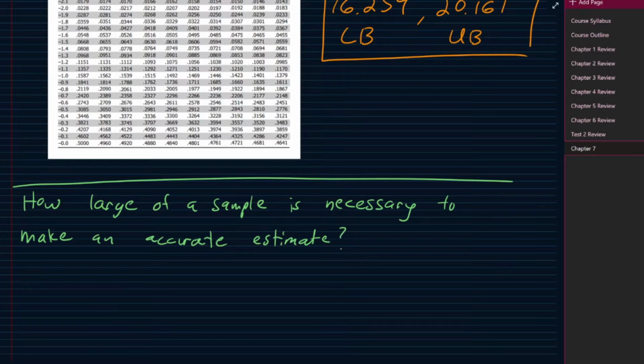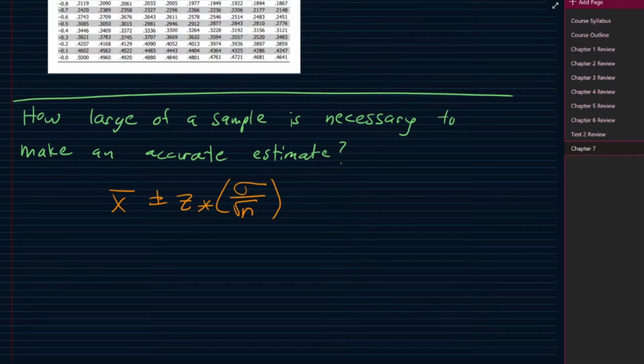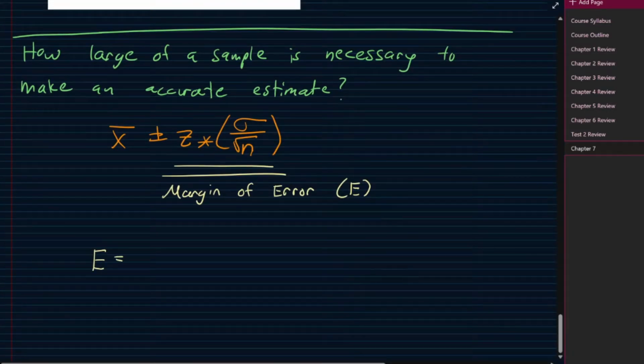Well, remember our formula was x bar plus or minus z star times sigma over square root of n. This part is called our margin of error, which I'll refer to as E. So that gives us E equals z star times sigma over square root of n.